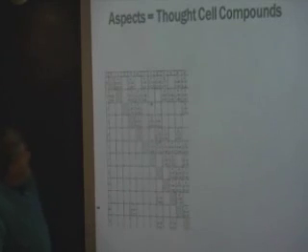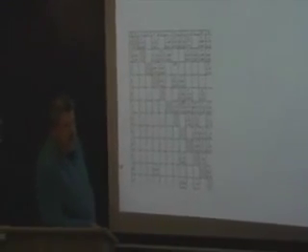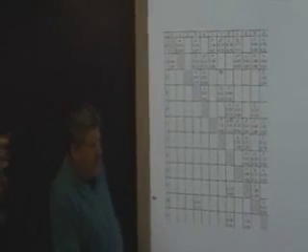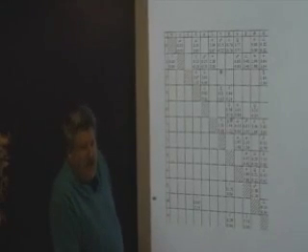Now, aspects in a chart are thought cell compounds. If you remember a couple of slides ago, or earlier up in your page of notes, we talked about vigor, fluctuation, thought, gratuities, strife, etc. Each of the planets governs a different thought cell.